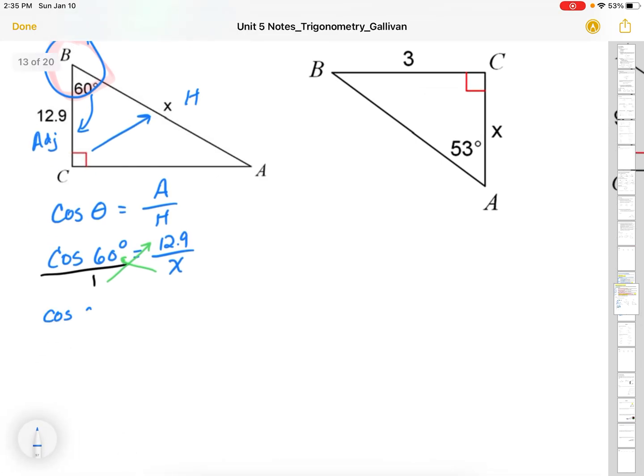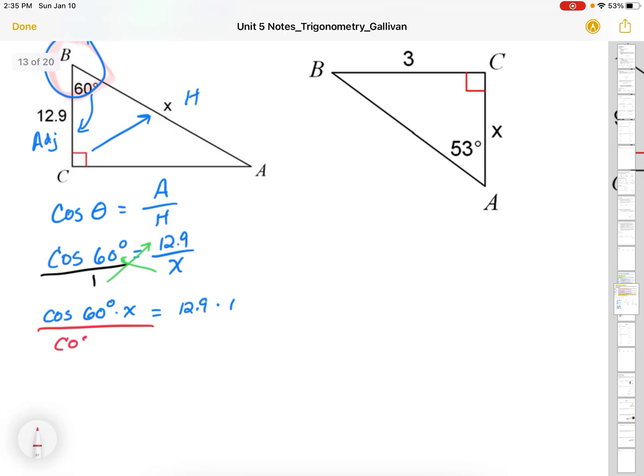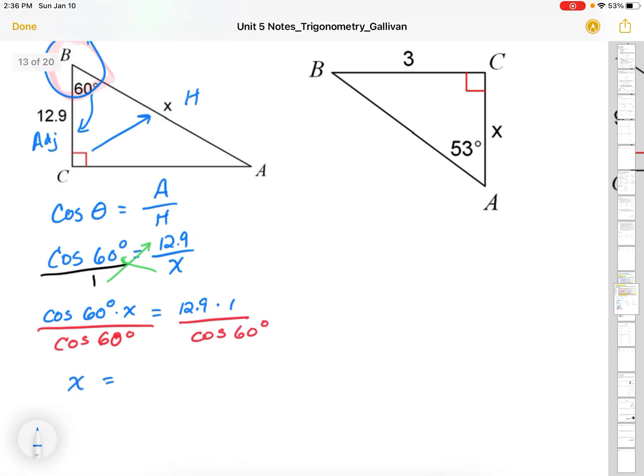Well, that means I'm going to have cos of 60 degrees times x is equal to 12.9 times 1. I'm going to divide both sides by cos of 60 and I will get x is equal to 12.9 over cos of 60 degrees.